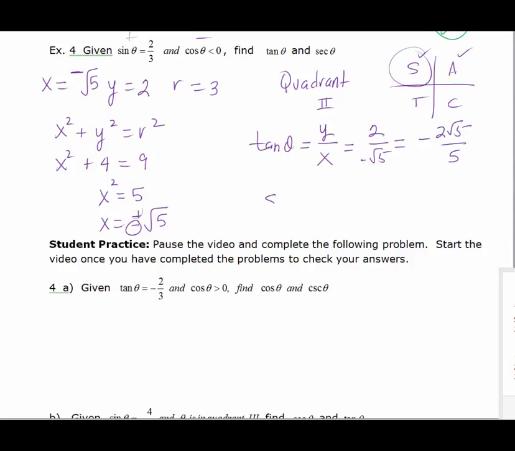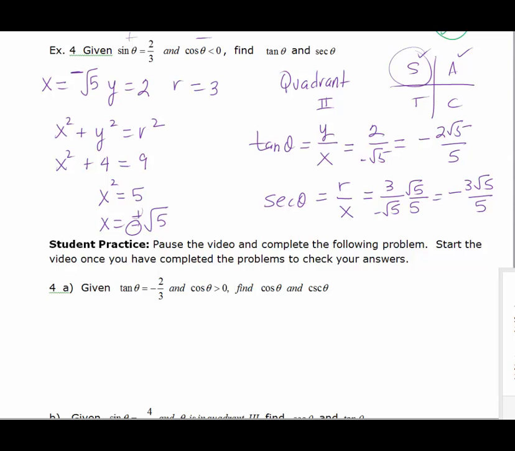And if I want to find the secant of theta, that's simply the reciprocal of the cosine. Cosine is x over r, so this would be r over x. So r is 3, and x is negative square root of 5, and I will rationalize. So I'm going to get negative 3 square root of 5 over 5.